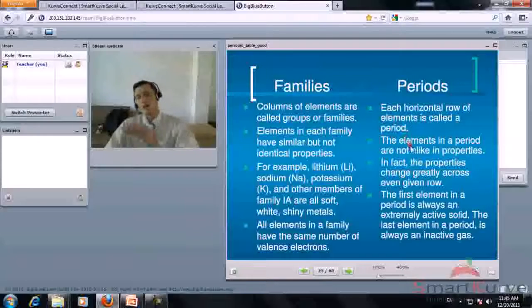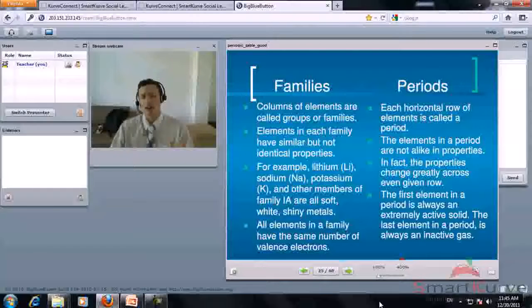Periods. Each horizontal row is called a period. They are not alike. They do not have the same properties. Properties can change greatly across a row. The first element in a period is always a very reactive solid. The last element is always an inactive gas. We're going to look at the different families.